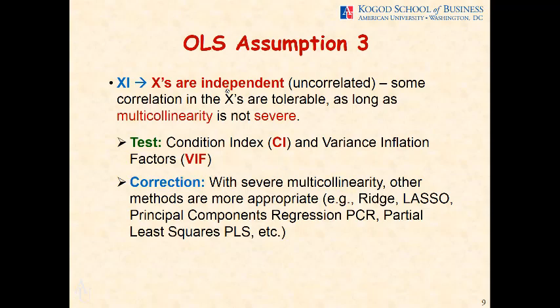In fact, if the predictors are correlated with themselves, we're violating this particular OLS assumption. Now, we can have some correlation, and that's tolerable. But if the collinearity and the overall correlation among predictors is very, very high, we say that multicollinearity is severe. And then it's not appropriate to use OLS.